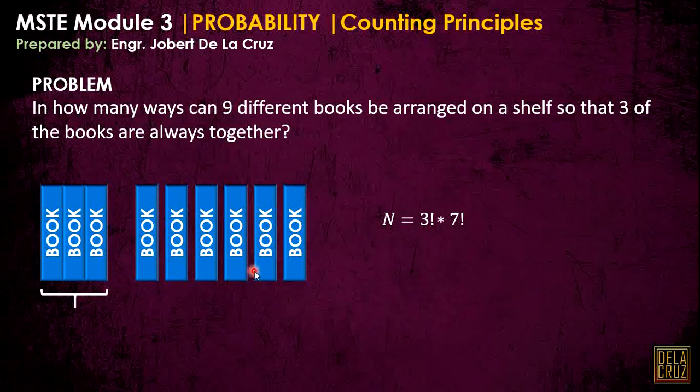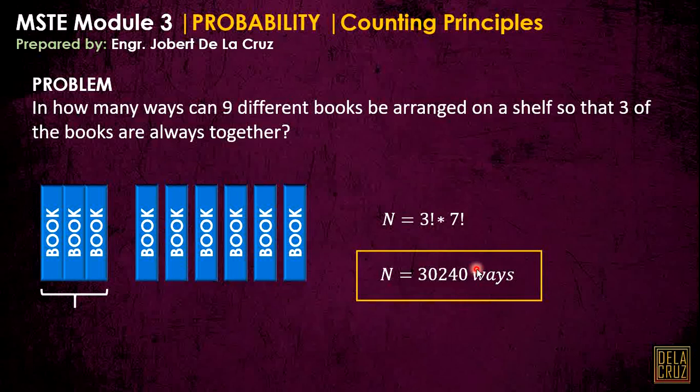Since they are counted as 1 times 2 factorial. Okay, so in this case, hindi siya naka-group, kaya diretso na yan. 1, 2, 3, 4, 5, 6, 7. Kaya nag-multiply tayo ng 7 factorial. Okay, I guess you got this, and that is 30240 ways.